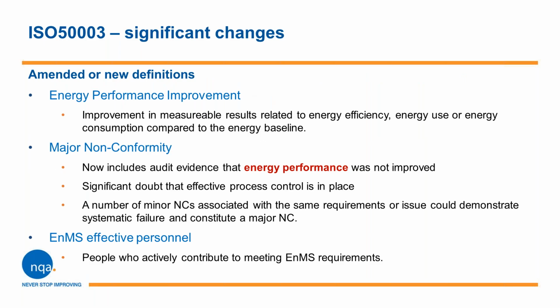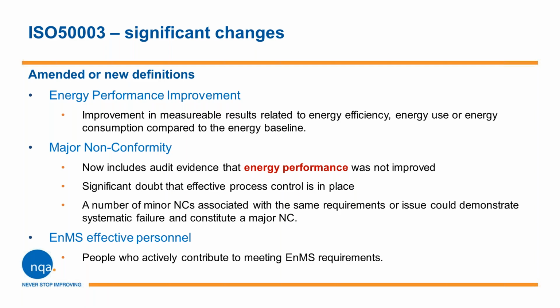However, 50003 has caused a little bit of problem, or some problems for us and for clients. Energy performance improvement is now defined in there: improvement in measurable results related to energy efficiency, energy use, or energy consumption compared to the energy baseline. And a major non-conformity is redefined.